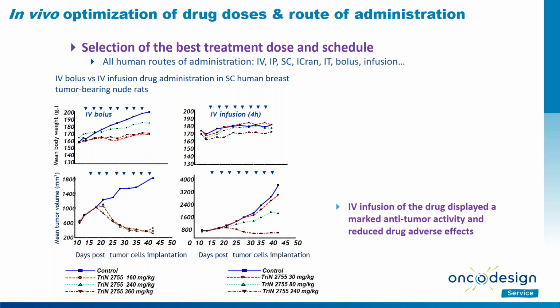Here we tried to modify the treatment doses and the treatment administration of the compound by using short IV infusion instead of IV bolus. Clearly we demonstrated that IV infusion of the drug displayed a marked anti-tumor activity and reduced the adverse effects. It's really interesting because adverse effects, of course, are a major step that we have to avoid for sure.